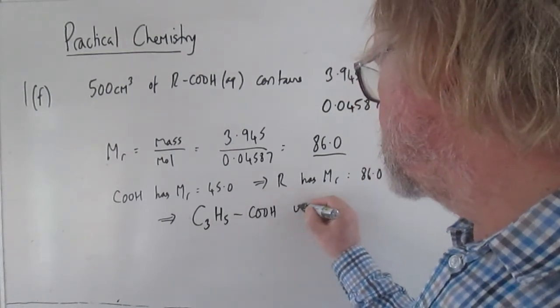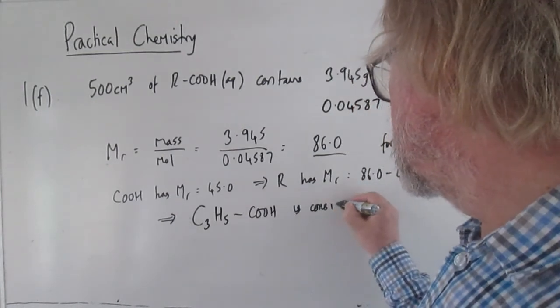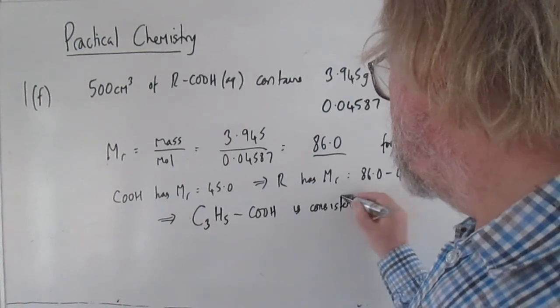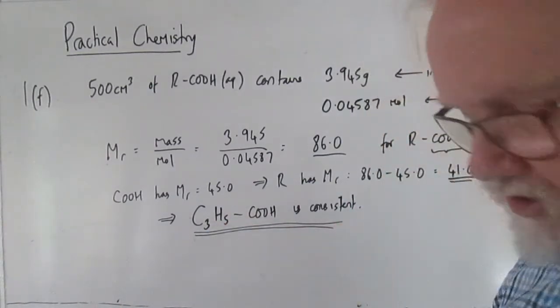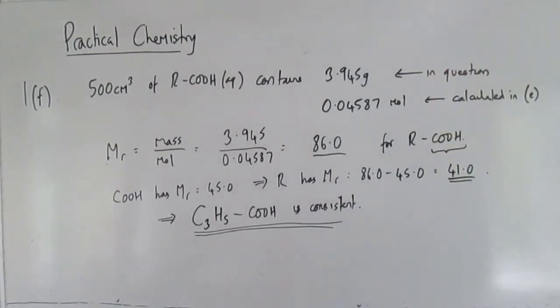C3H5COOH is consistent. That's the kind of process that you go through, to work out what number of carbons is reasonable, and generally you'll find there's only one possibility.